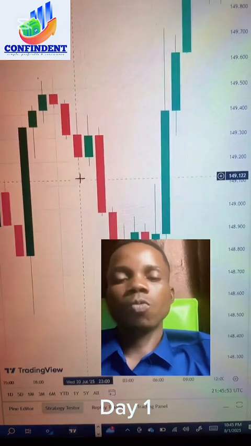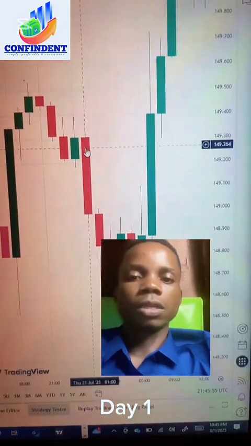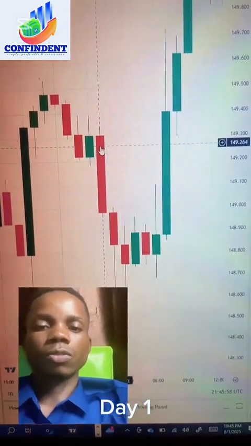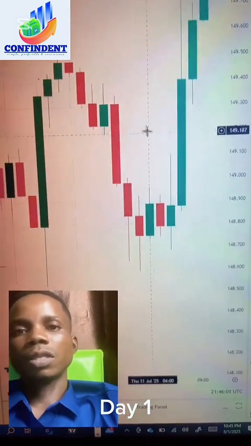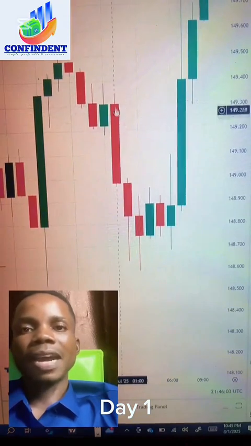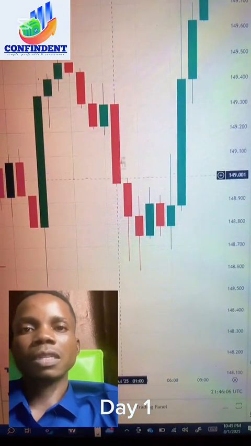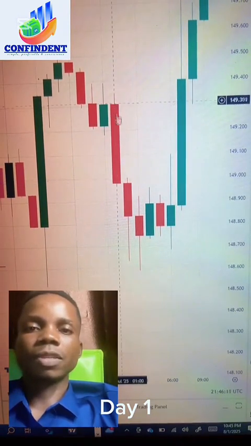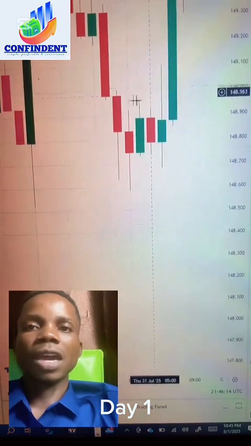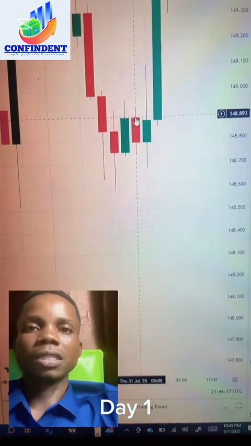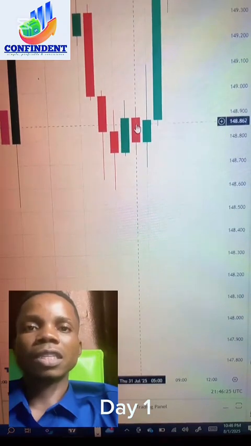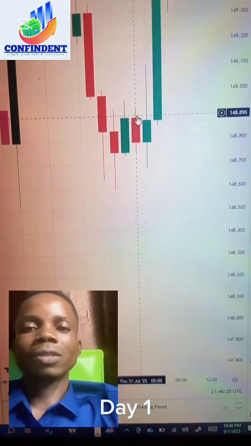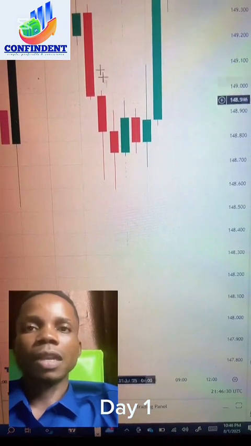Then let me quickly explain what the long body simply means and what the short body simply means. The long body simply means that the price went down very well. As you can see, this took the price right from this particular place to this particular place, and we cannot compare it to this, because this is a small body, and it simply means that this time the price did not really go down like this.